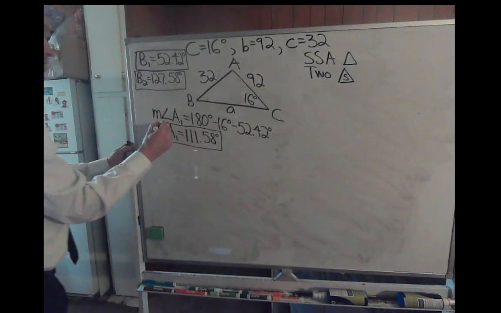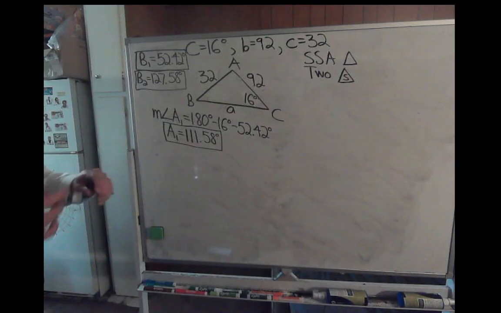So angle A for your first triangle will be 111.58 degrees.